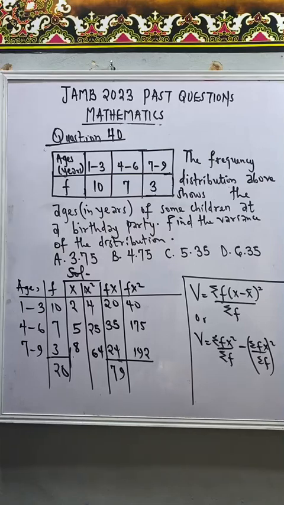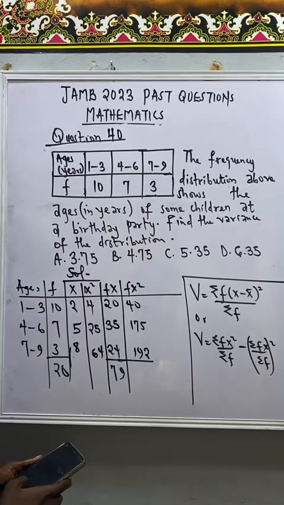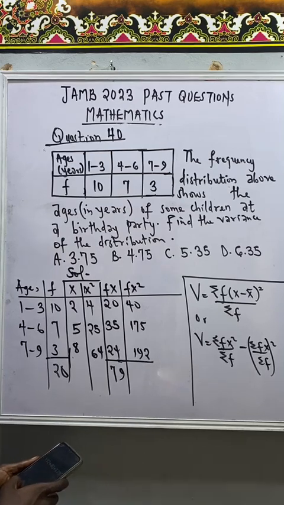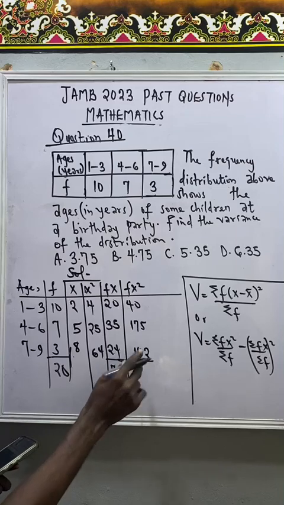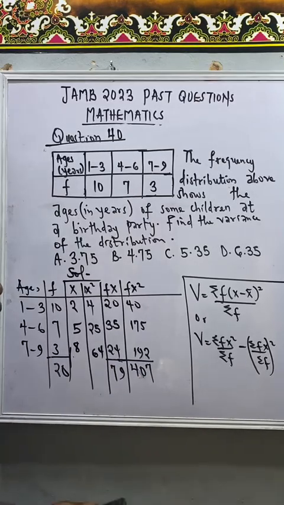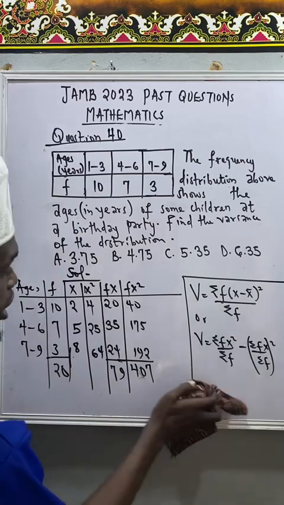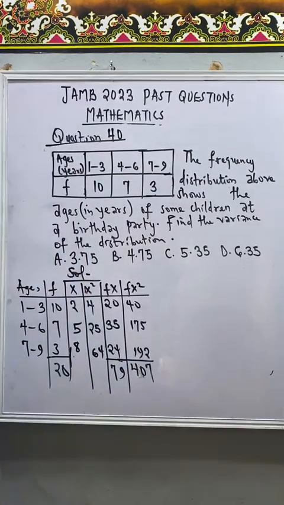So let's take the sum: 40 plus 175 plus 192. That gives me 407. Now, so far, we have gotten all that we need in this formula. The next thing is just to apply the formula. Let me clear this part of the board so I can compute my variance.